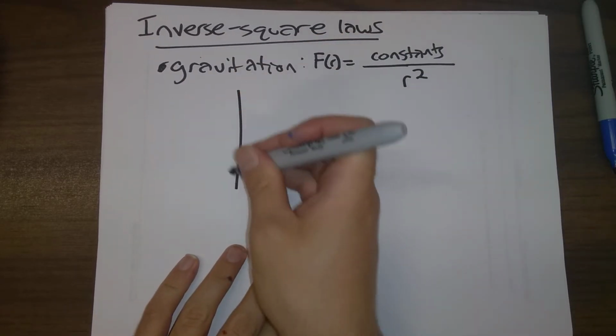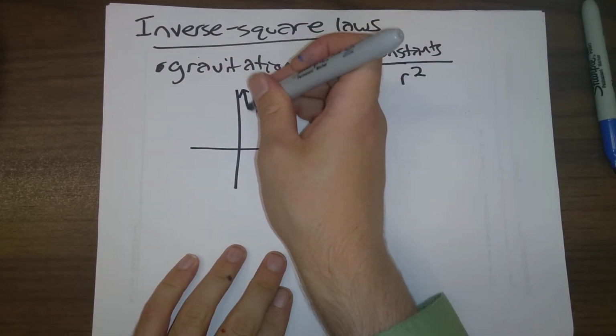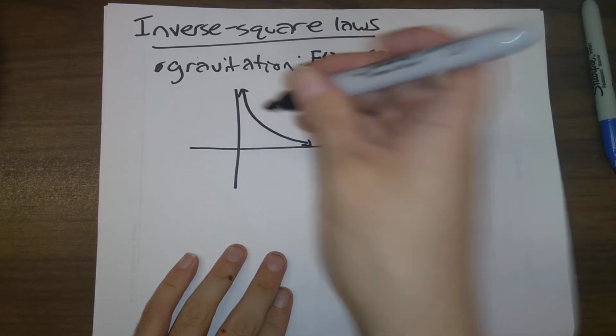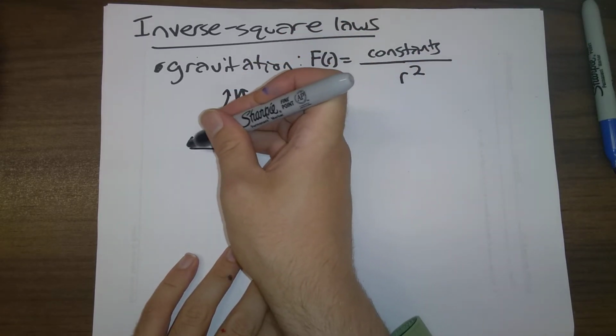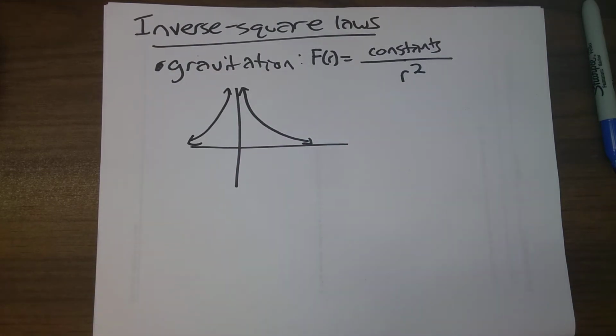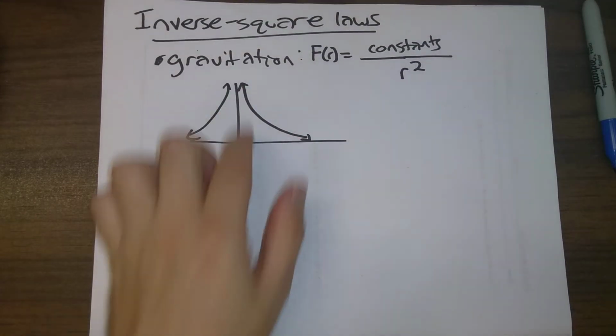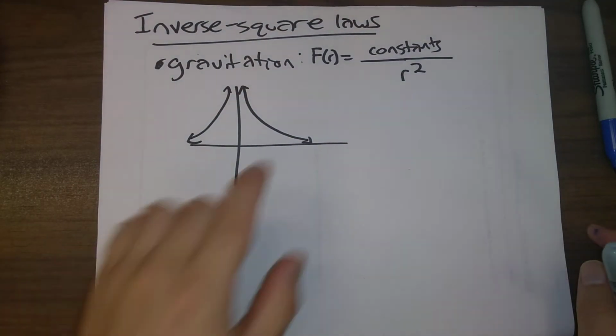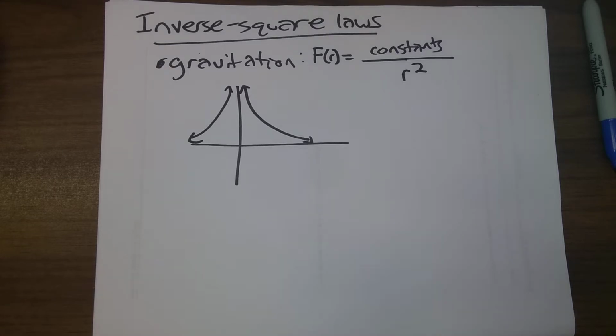So as you get really, really close to the sun, the distance keeps getting smaller and smaller, and so the force goes off to infinity because you're dividing by something really, really small. And so gravitation works this way.